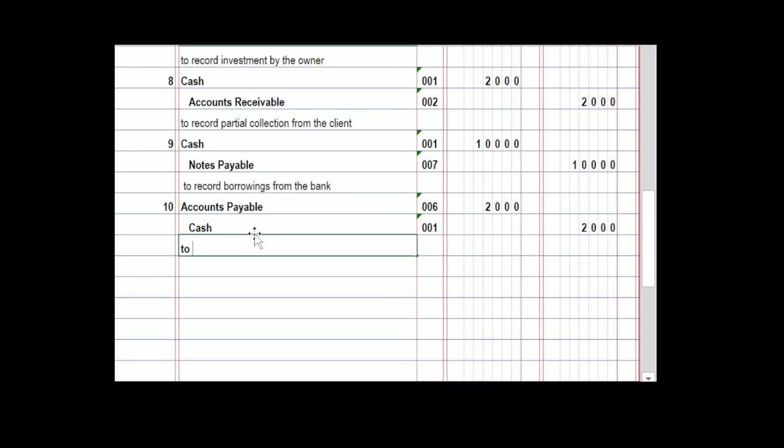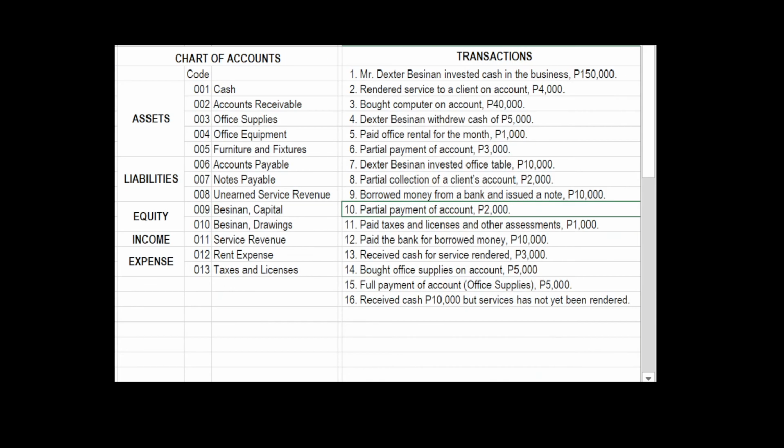Again, to record payment of accounts. So next, paid taxes and licenses and other assessments. 1,000. So nagbayad tayo ng taxes and licenses. Ito yan siya. So debit tayo ng expenses, ano? So debit tayo ng taxes and licenses and nagbayad tayo.